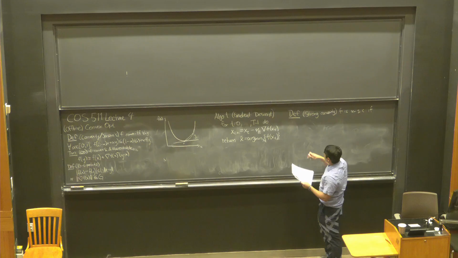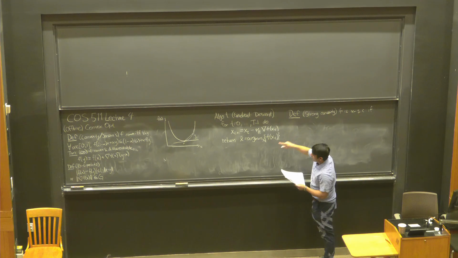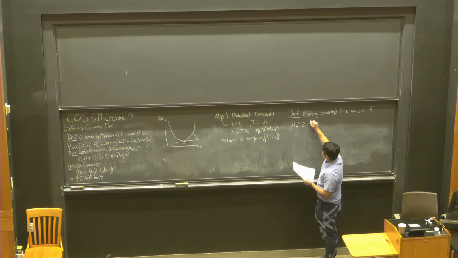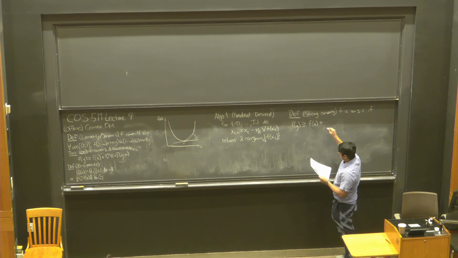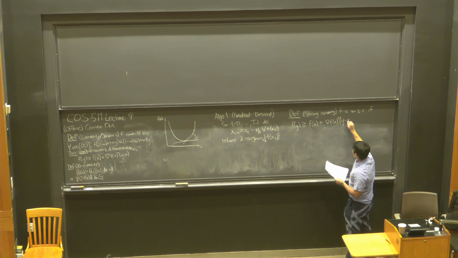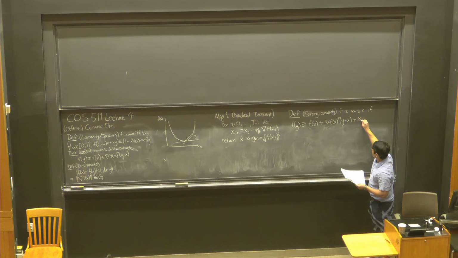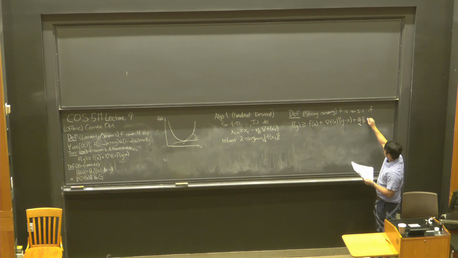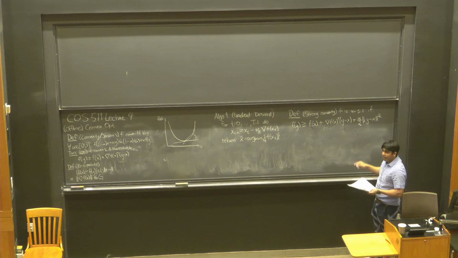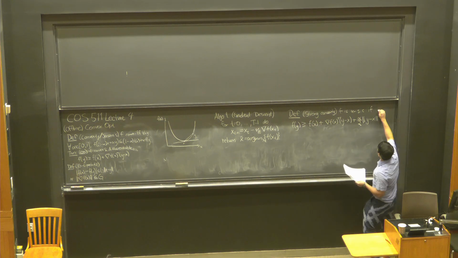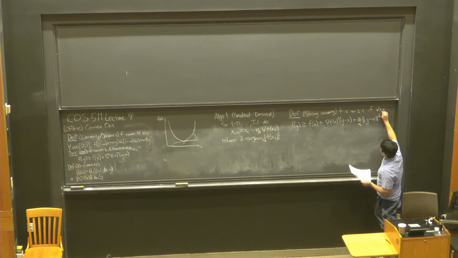It's a stronger condition than convexity. Convexity says that f of y is at least f of x plus the gradient of f times the difference. And strong convexity is saying something further. It's saying that there's actually an extra little bit that it's convex. Okay, and I'll give you a graphical intuition for this in a second. But yes, if for all x, y, this is true.